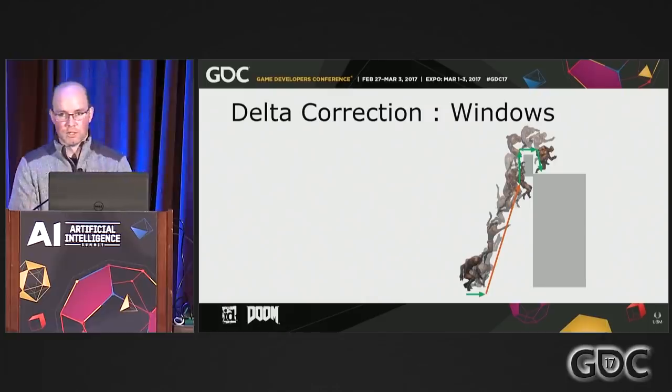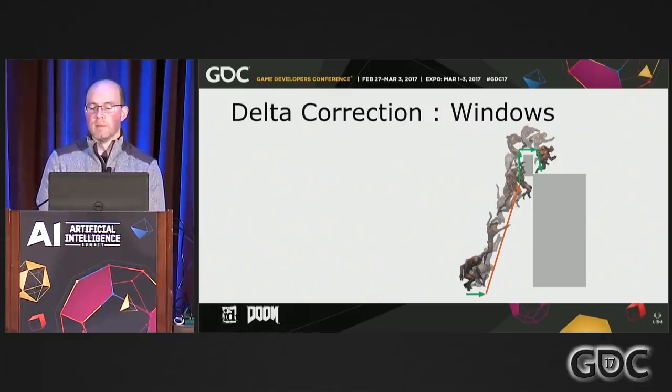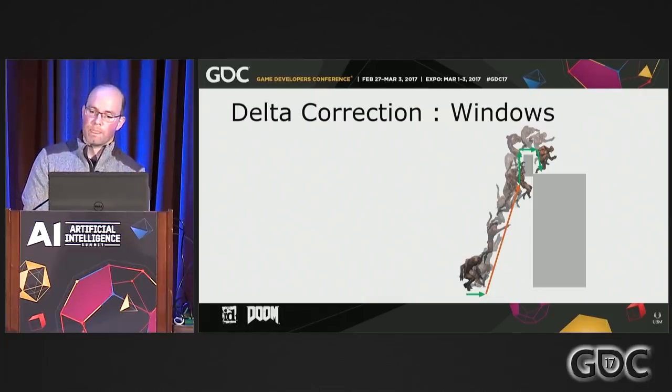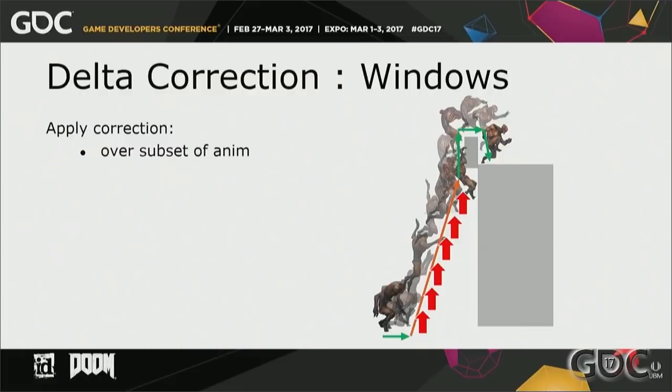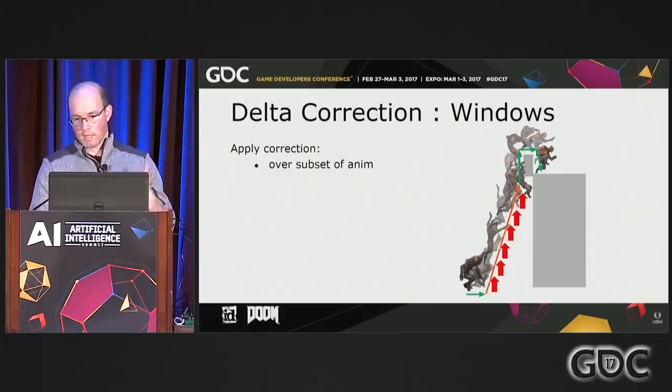Now, given an animation like this traversal, where the imp is leaping up to grab hold of an overhang, climbing over it, and jumping off, we can more effectively use delta correction if we restrict the application to discrete windows of the animation. For example, to prevent sliding and/or clipping, we can apply the error correction only when the model is completely free of world contacts, in this case, in the air.